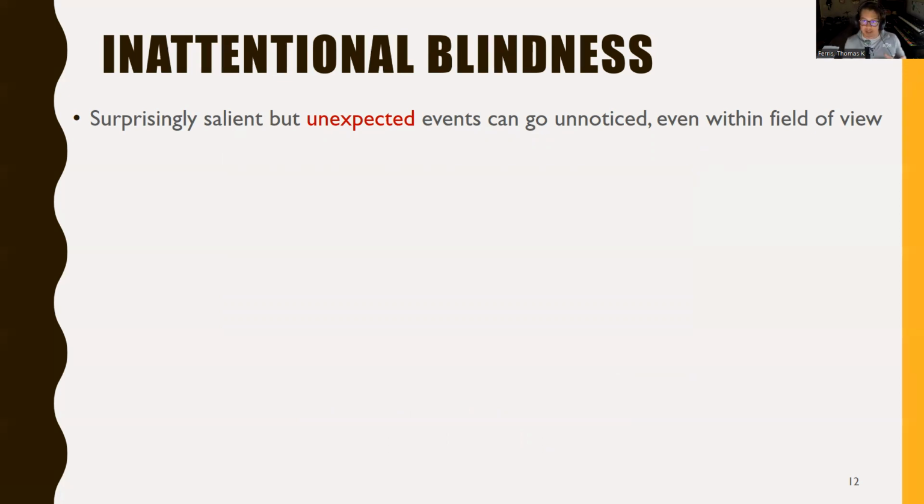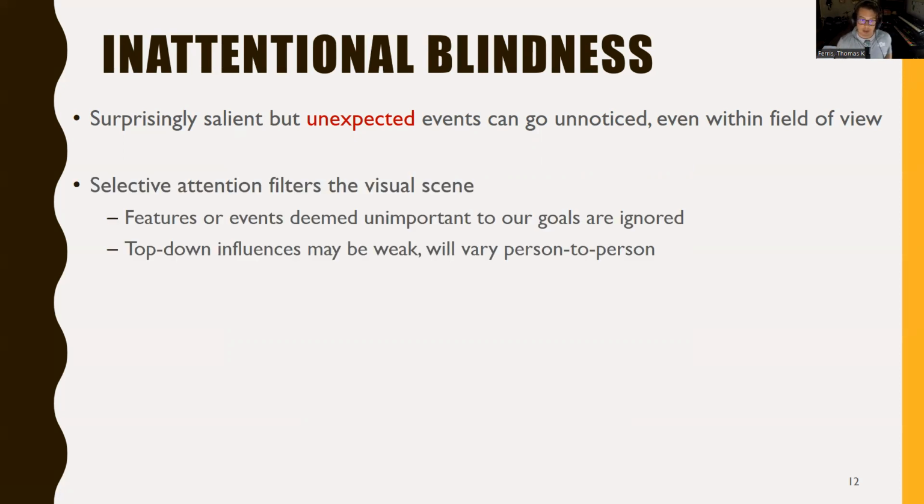We call this effect inattentional blindness. Definitely going to come up on something, so know about this effect. This is a failure, to me, of the interplay between bottom up and top down influences in attention, because it's all about what do I expect to see, and that being so powerful that it overrides any of the salient bottom up effects of something like a guy in a gorilla suit walking through.